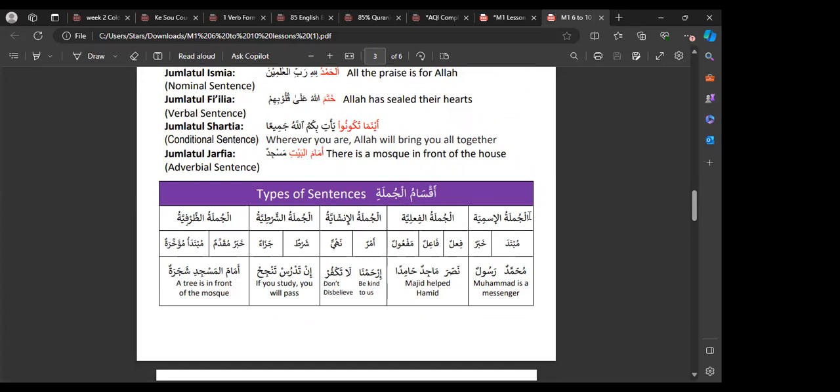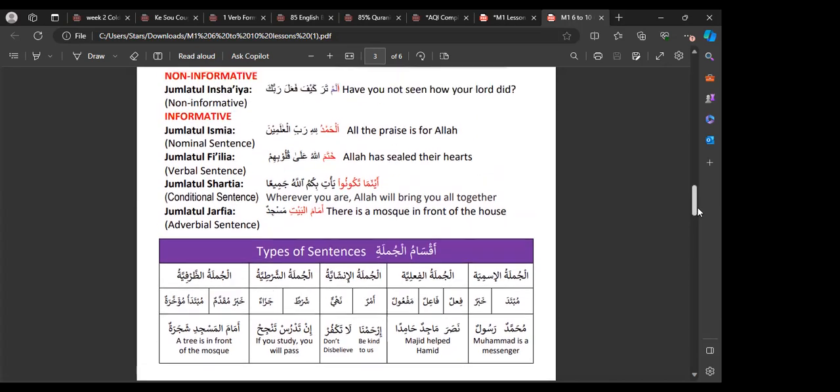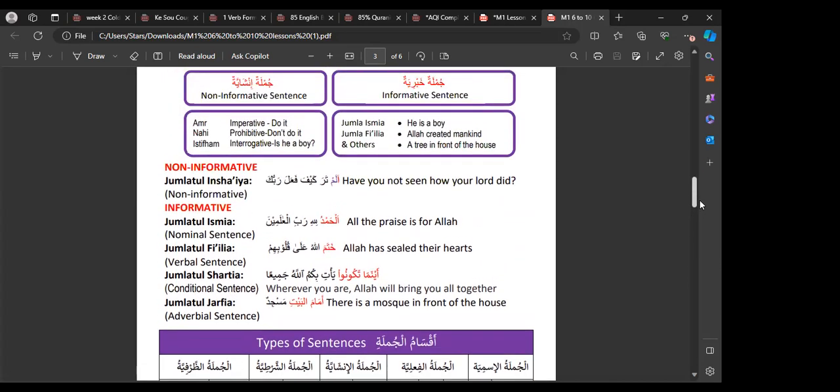We're introducing it now. You've got lessons coming up where we'll go into it deeper. So Ustaz Hamza will go into Jumlatul Ismiya separately. Another lesson where we'll go through Jumlatul Fi'liya separately for you to understand it better with examples and breaking it down, inshallah. So this was just a little bit of information about sentences.